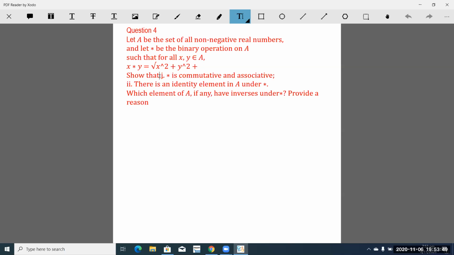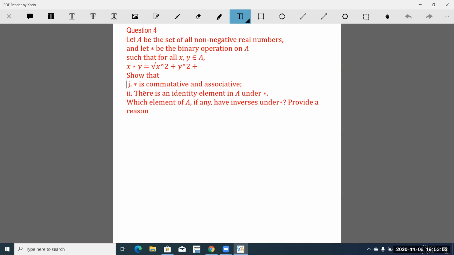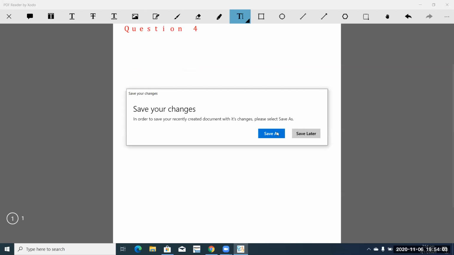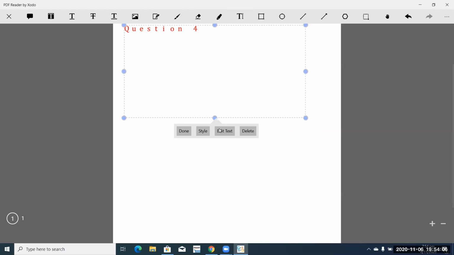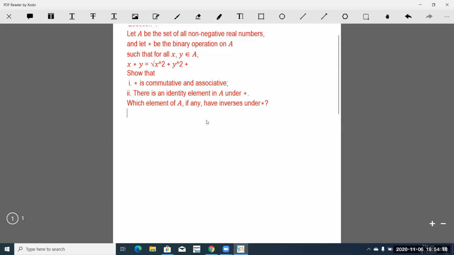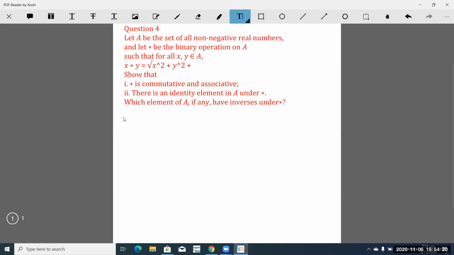Show that star is commutative and associative, and then find out which element is the inverse. All right, so let's tackle this question.